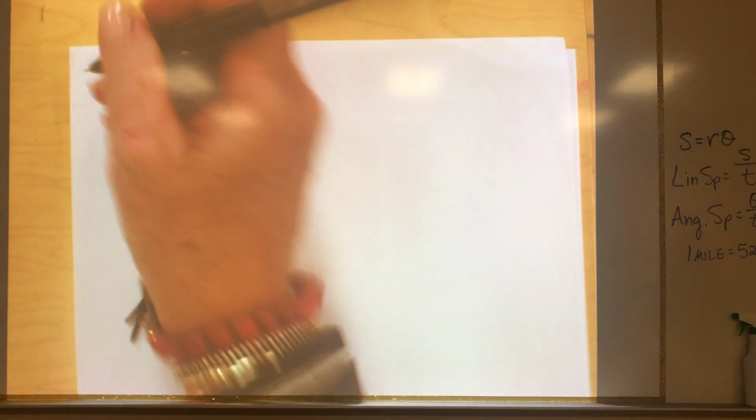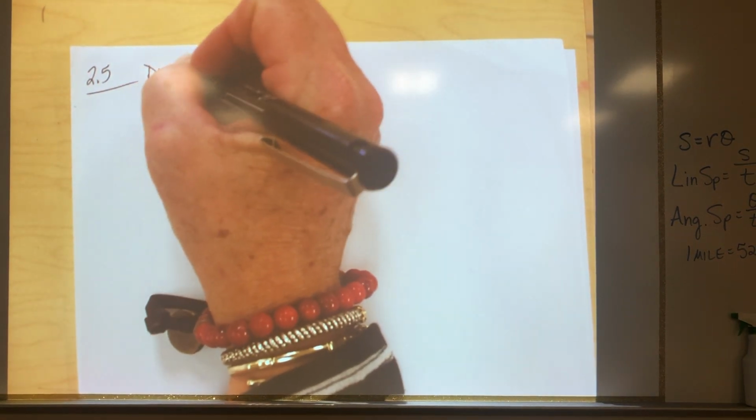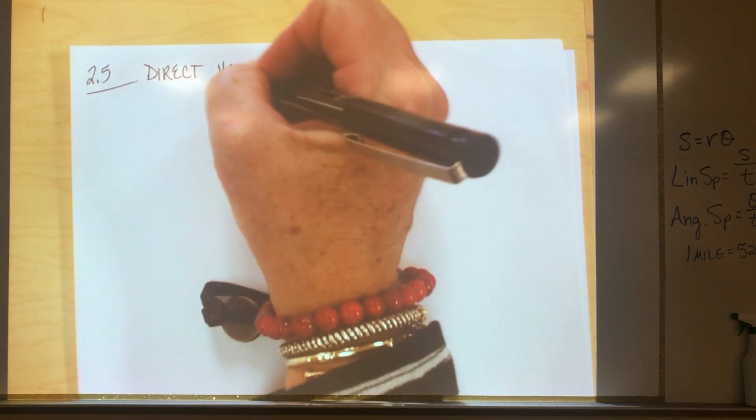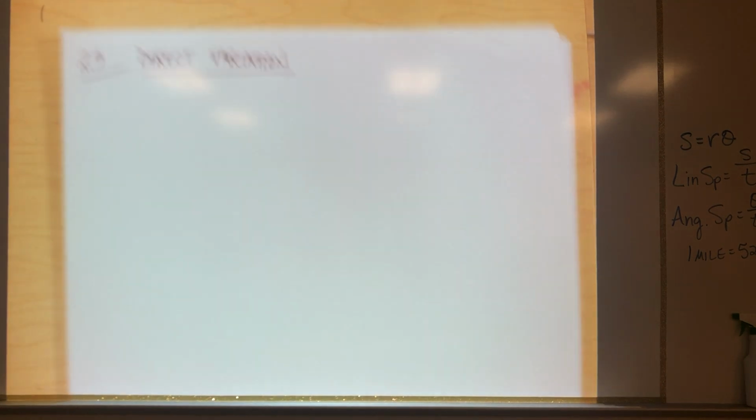All right. So here's the next thing. We're going to start 2.5 now, which is direct variation. Okay? Direct variation.